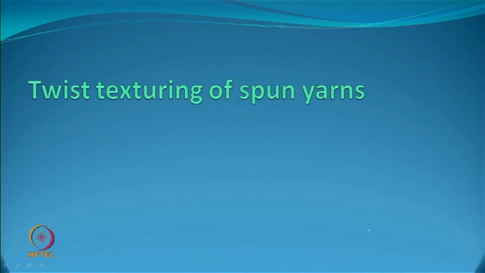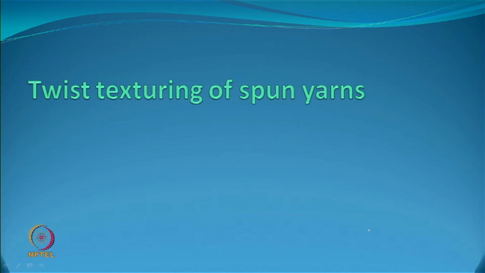So, we look at the texturing of spun yarns, the yarns which are already spun using staple fibers, and we want to get the same or similar effect, which means that we would have stretch and bulk. So, twist texturing of spun yarns.